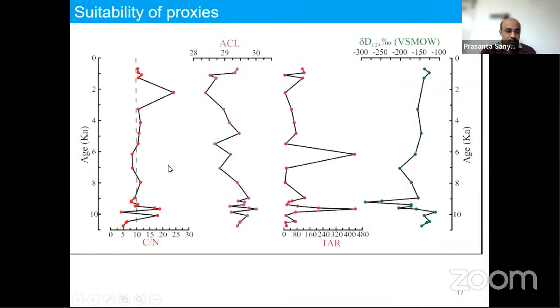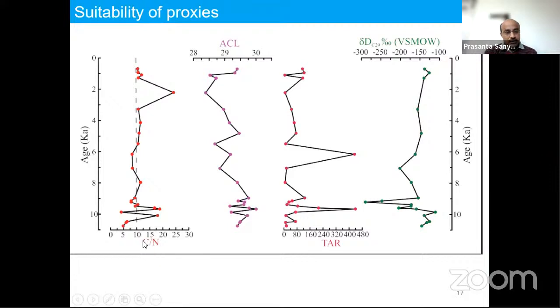Now, as I said, we have used organic matter from the lake to understand this past climate. We have tried to understand the organic matter dynamics, that is, how the sources of organic carbon varied in the lake. For that, we have used the C/N ratio.